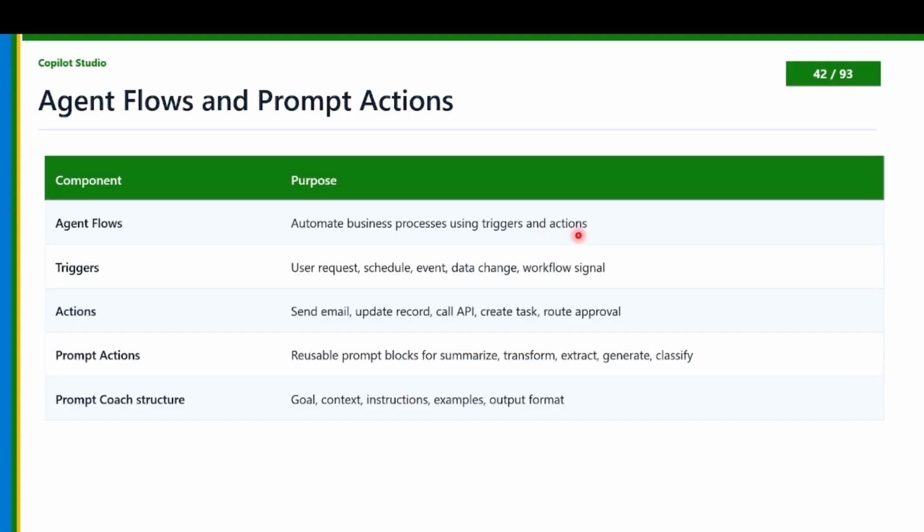This agent flow is just like Power Automate, but it is more autonomous than Power Automate. Power Automate only uses triggers. So agent flow uses an agent as a trigger. It doesn't use a manual trigger. So it's good for automating business processes using triggers and actions.